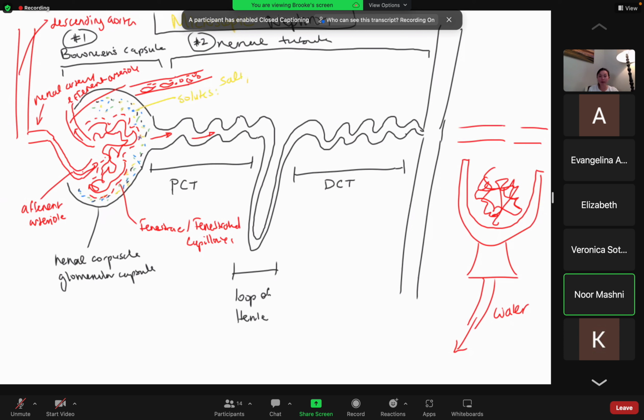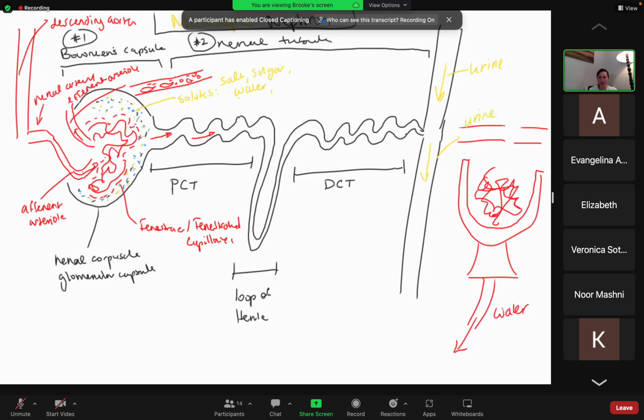Brooke? Yeah, I have a question. So when it's being unfiltered, is that the urine? Or no, this is not the urine part yet. Honestly, I would say you could think of it like urine, but technically it's only urine right here. So once it actually gets here, it's urine.